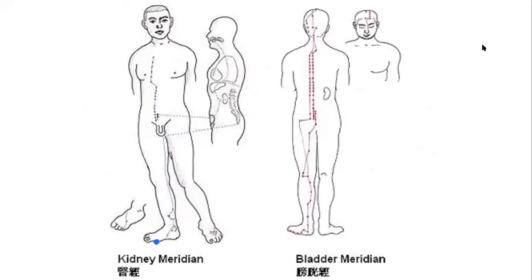It's the kidney channel in Qigong. It goes up really close to the center line and goes right under the clavicle. So kidney 1 to 27.